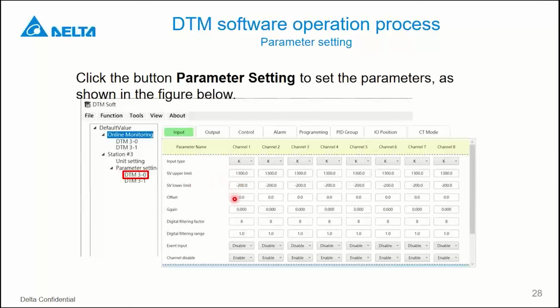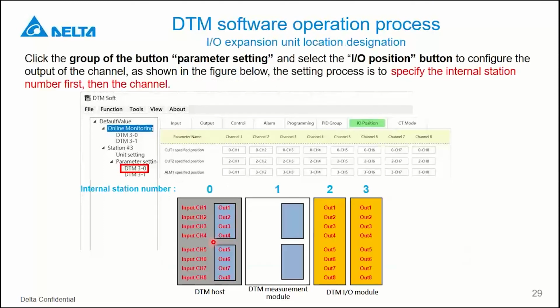This is for the alarm, and also some offset and gain, and also some filtering and range, and the event. What if the input value, the logic, the conditions, and also you can also decide to disable the channel or not.